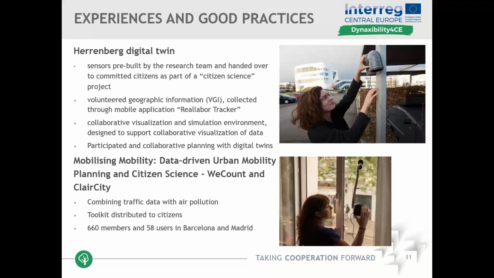And the fourth is the development of participative and collaborative planning practices based on these data which have been collected and the visualization which can be provided.